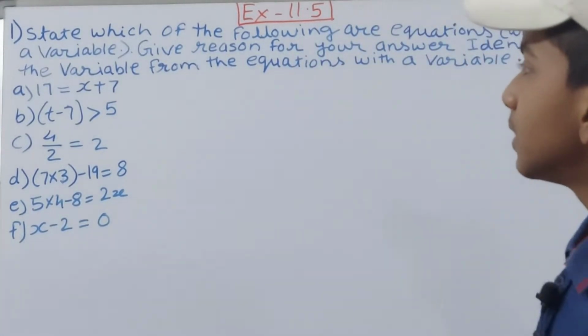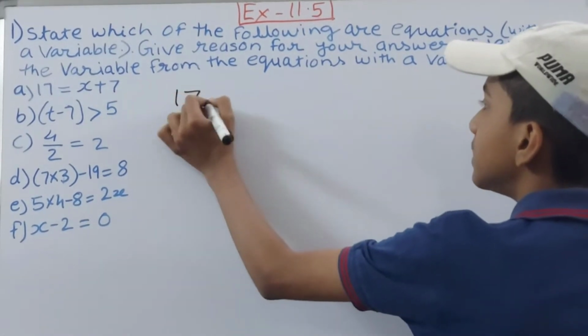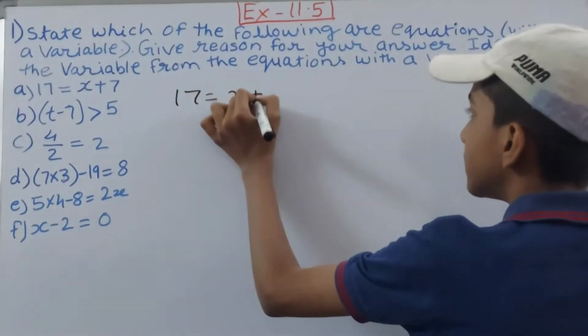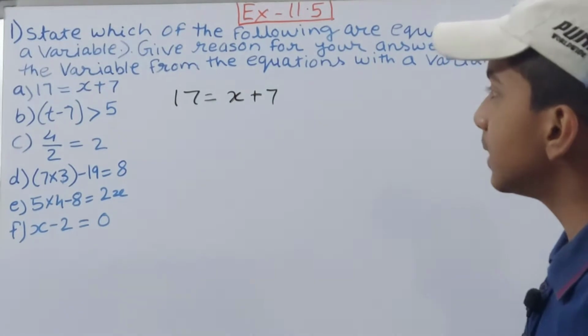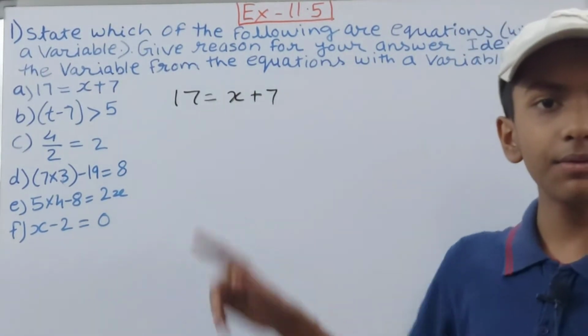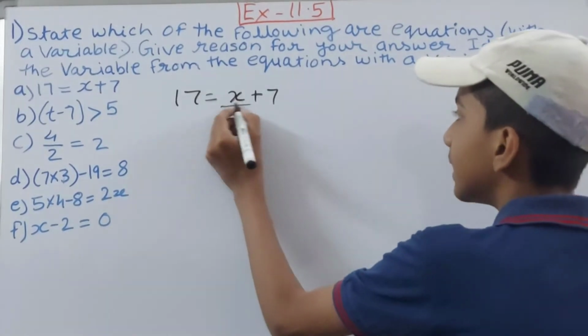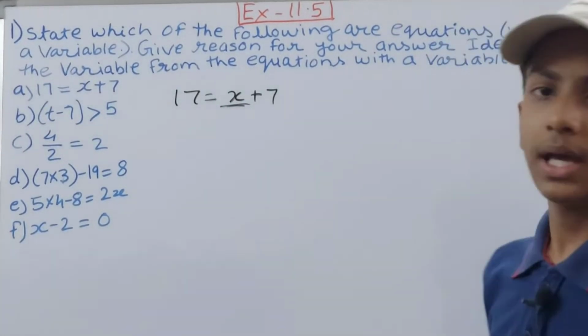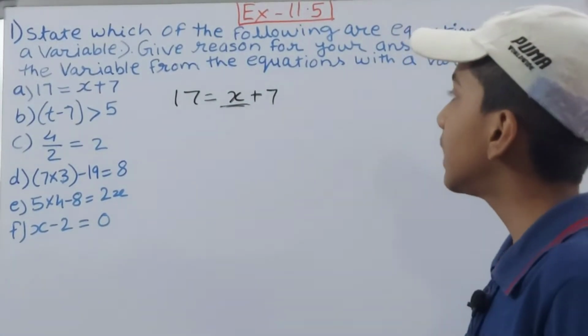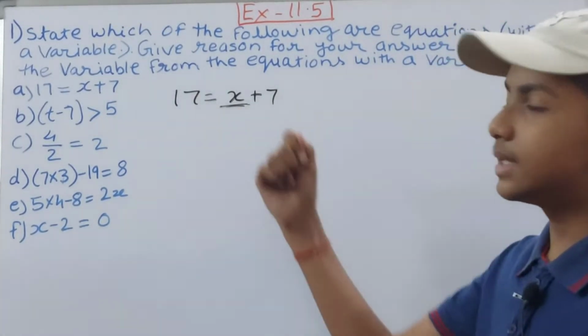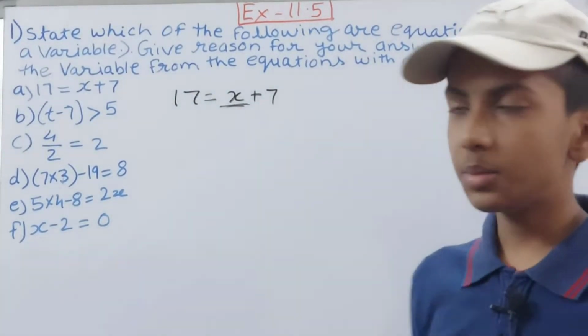First is part a: 17 is equal to x plus 7. So if you see in this, you can clearly see that we have an equal sign here, and also we have a variable here, x. So that means it is an equation with a variable.